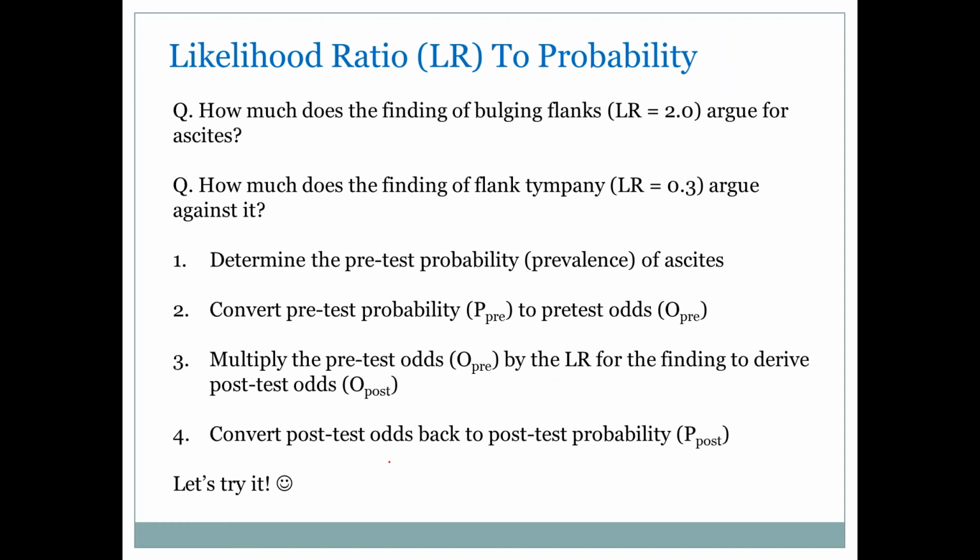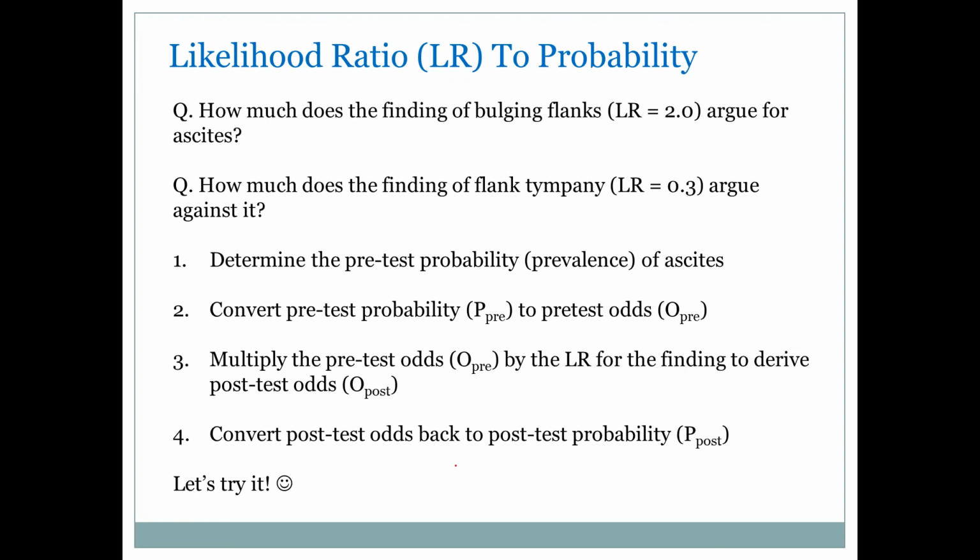Then we take the post-test odds and convert them back to a probability. That gives us a number that makes much more sense to me. This is why it's a little bit computationally intensive, why it's hard to do at the bedside, and why you want to have those little nomograms or maybe the table that McGee talks about.